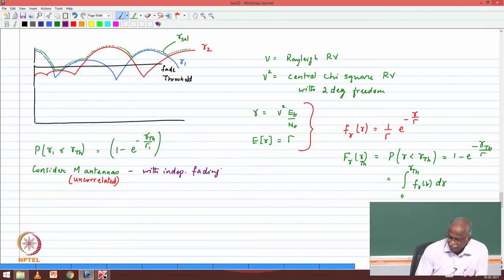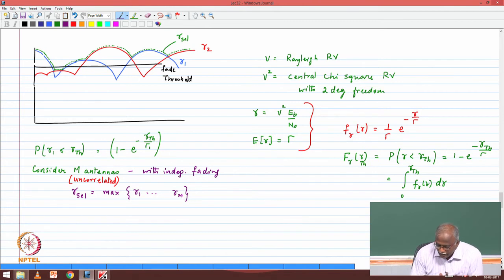Under this assumption and the fact that you are doing selection diversity, gamma selection is the maximum of gamma 1 through gamma M. You're going to choose over all of these M antennas, and the probability that your gamma selection is less than threshold, meaning even under gamma selection you are in a fade, is the probability that gamma 1 to gamma M are all less than or equal to gamma threshold.